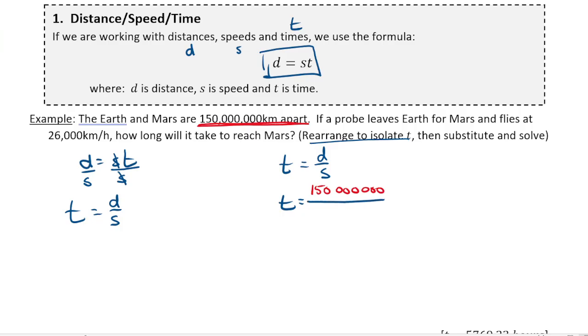And then our speed is right here, 26,000 kilometers per hour. You can tell it's speed because it's kilometers per hour. Speed is a rate. So we plug that in, 26,000. And then you run that through your calculator, and what do you get?